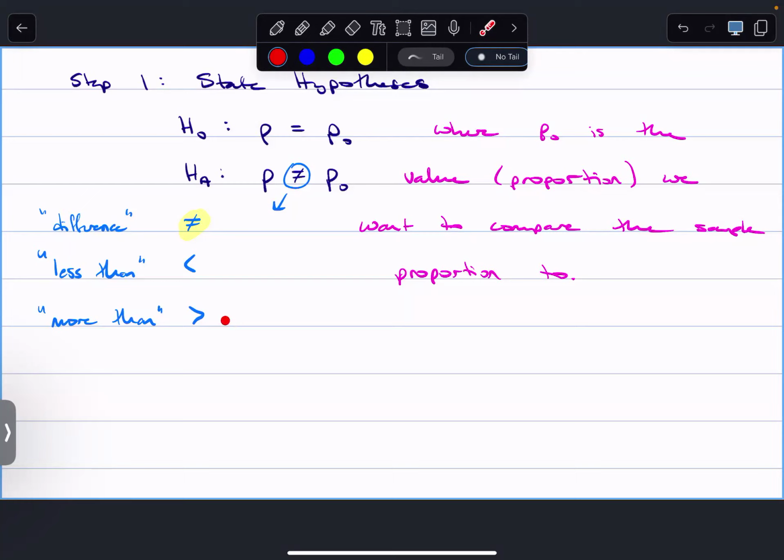But then we ignore the situation where our sample proportion is significantly less than 0.5. And that's bad. So the default is going to be this not equal to.